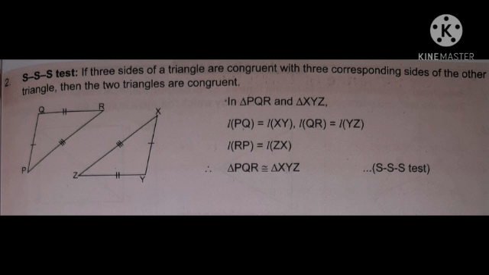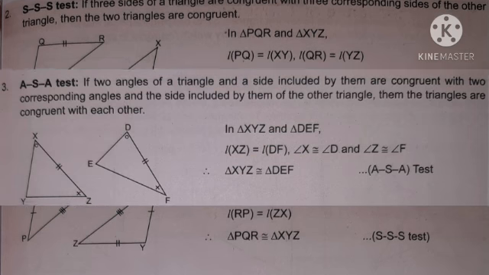Length of QR is equal to length of YZ. Length of RP is equal to length of ZX. When you superimpose both the triangles, triangle PQR is congruent to triangle XYZ. Therefore, it is called SSS test.